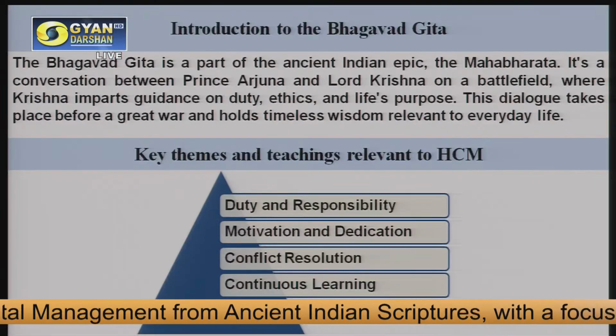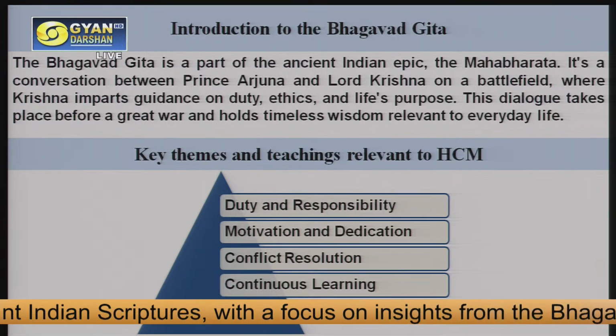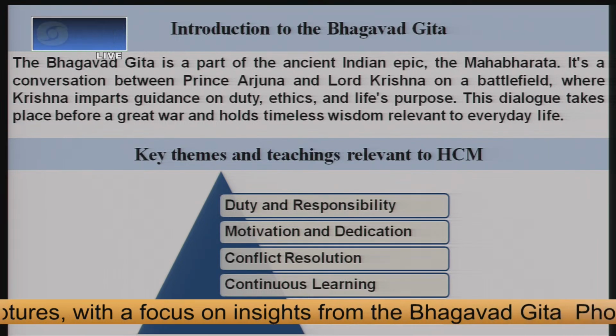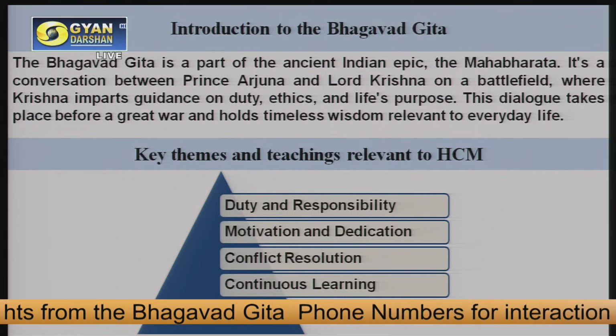Introduction to the Bhagavad Gita. We know this holy scripture was written in a very drastic situation where there is a battle between a lot of soldiers, and there Lord Krishna gave lectures to Prince Arjuna. The situation is very different at that time: Arjuna is so frustrated and does not have a clear mind about what to do and what not to do.